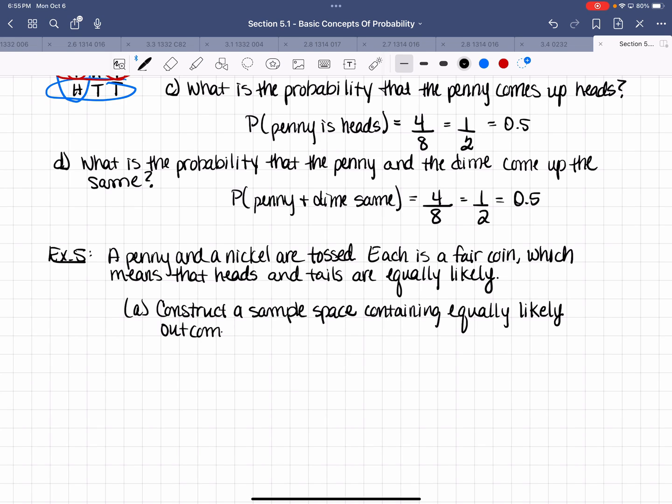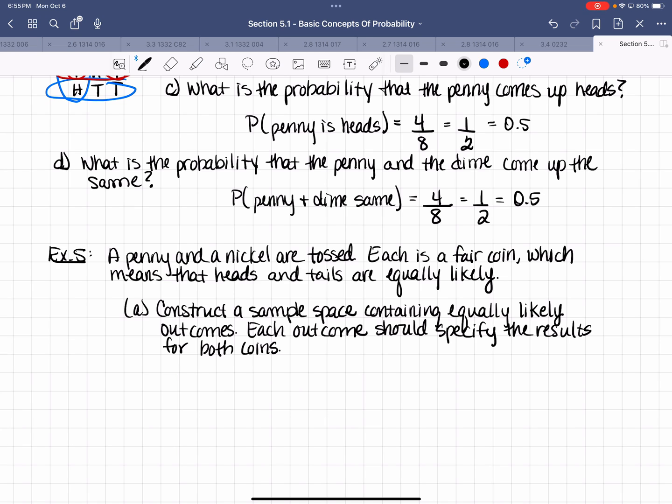Each outcome should specify the results for both coins.